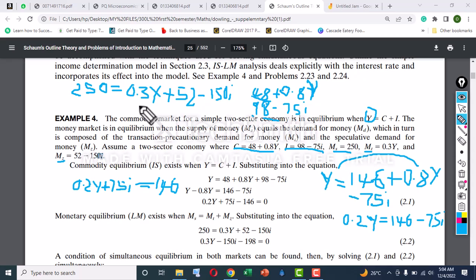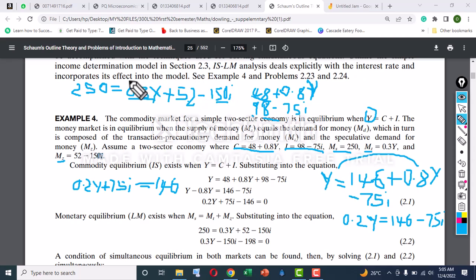That's MZ. So there's nothing you can add together here. You cannot add y and i together. Neither can you add anything to this 52, only when this 52 crosses to this side to meet 250. But I prefer to move this one and this one here, to form this type of equation, and move 250 here.